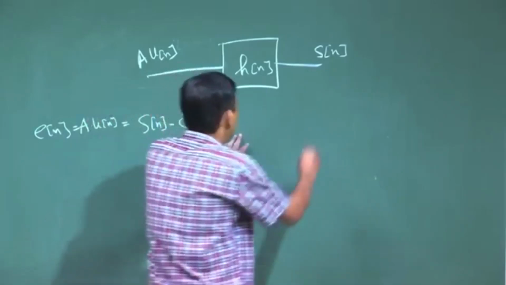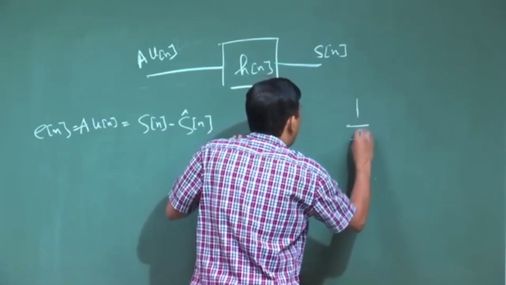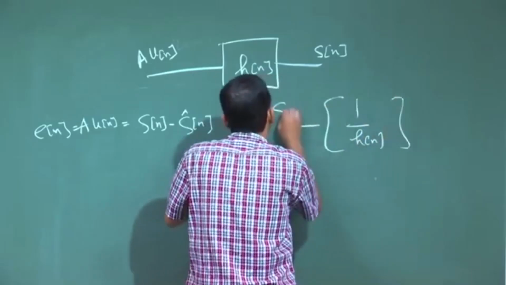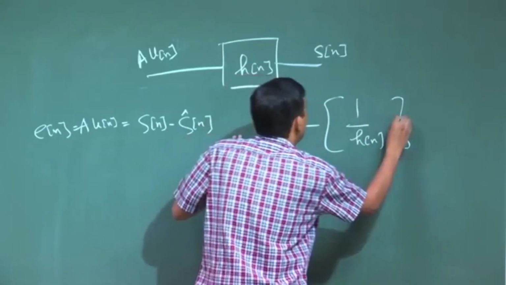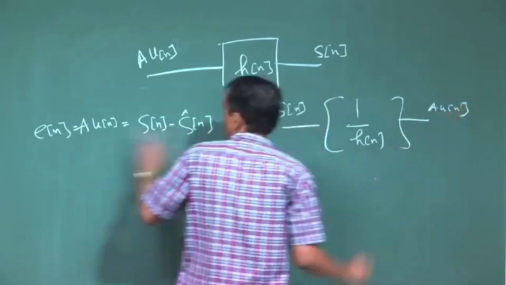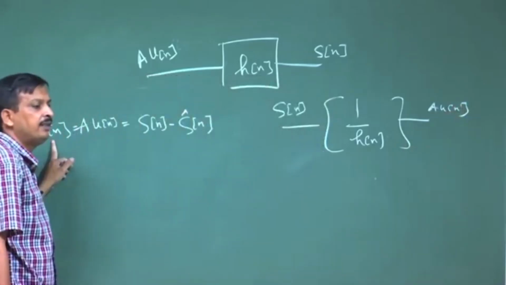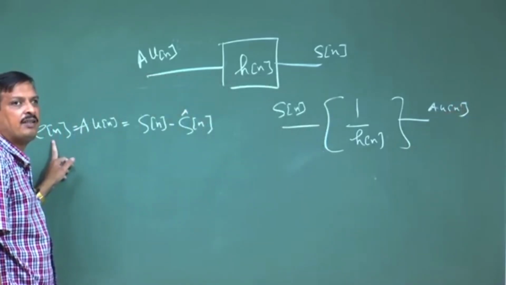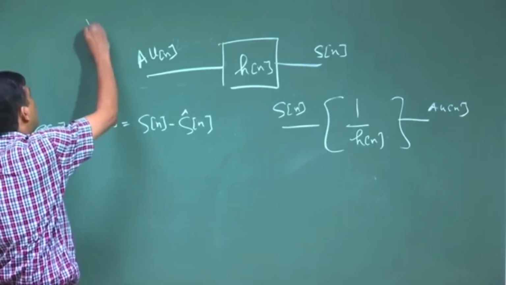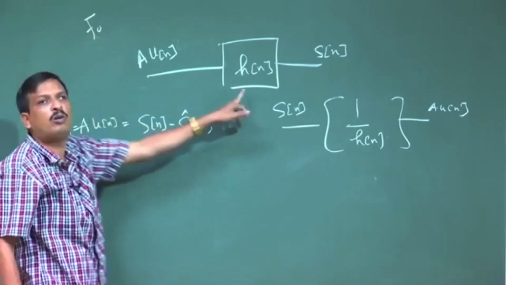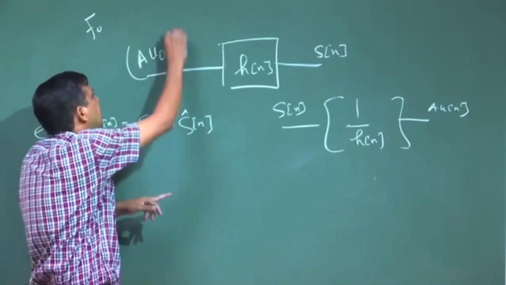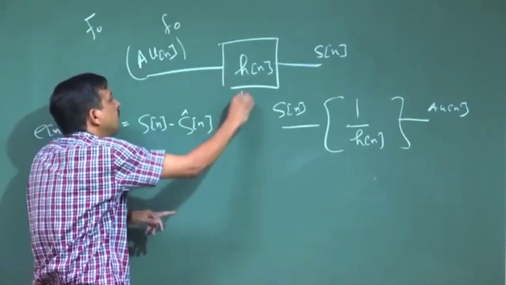I can say that I have designed 1 by H(n) and I pass the signal s(n), I get u(n), which is the LPC prediction error. Okay. Now, if you remember, the F0 is part of the excitation, not the vocal tract. So, F0 information is here, not in here.